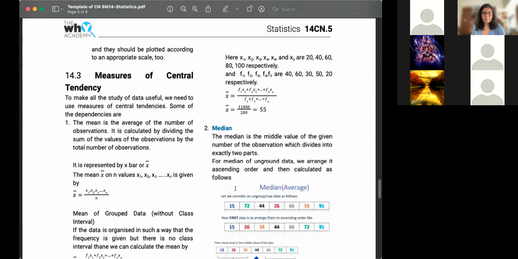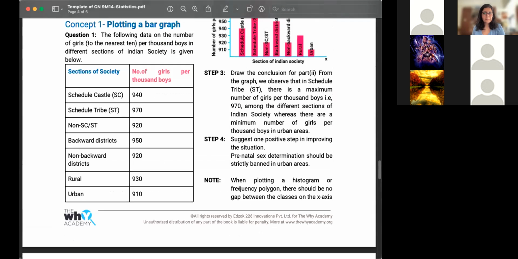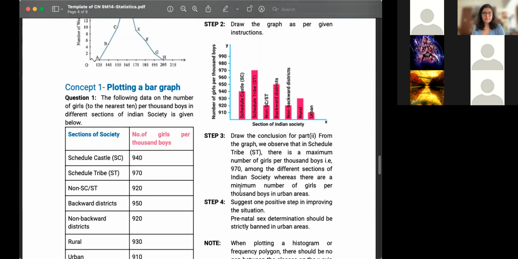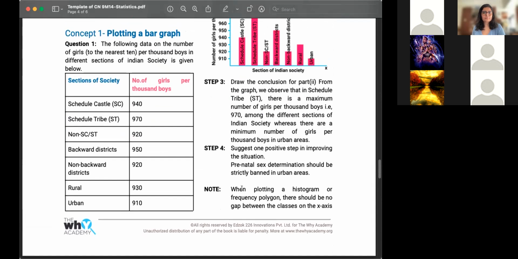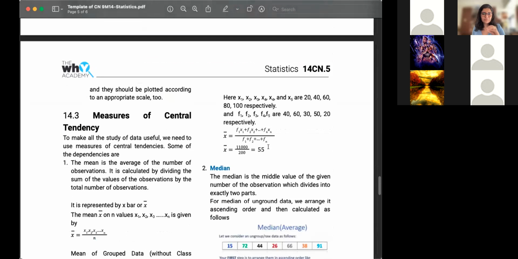But is graphical representation included in this chapter or not? I don't think so. But even if it is, this is not the primary thing. You will be asked questions based on the new things that you learned this year. So you don't have to worry about it.